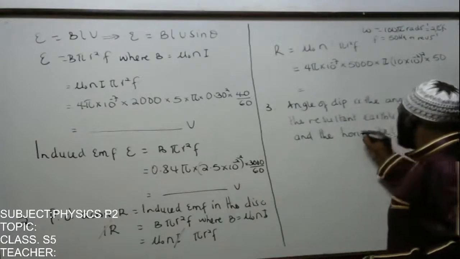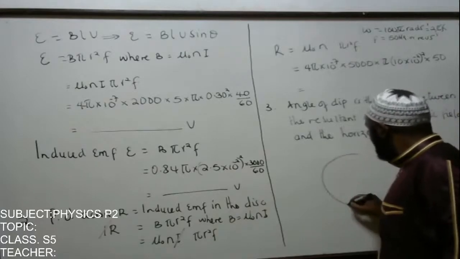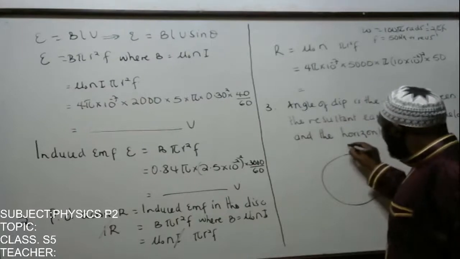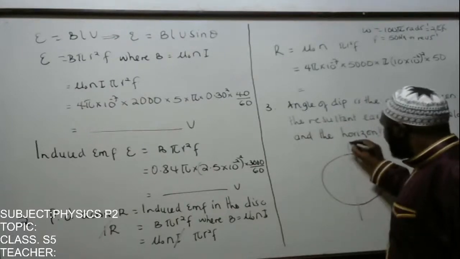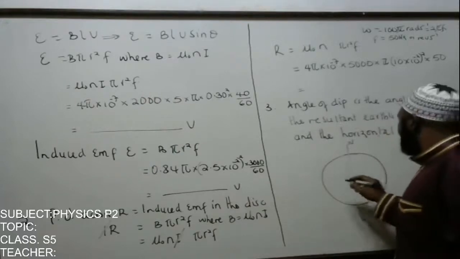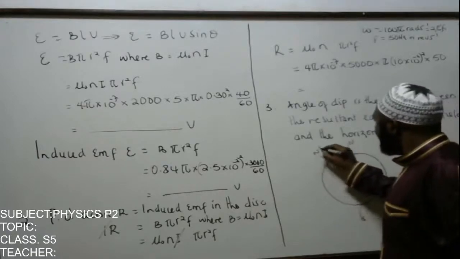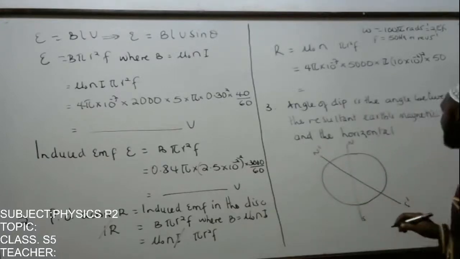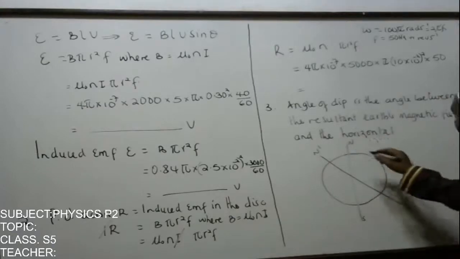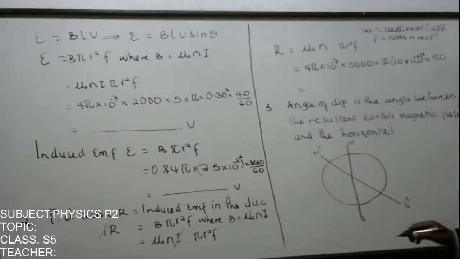Now you will do well to note that the Earth is a sphere. It has a magnetic meridian, a geographic meridian, and what we call a magnetic meridian. The magnetic meridian does not lie exactly along the Earth's field. Earth is geographic pole.